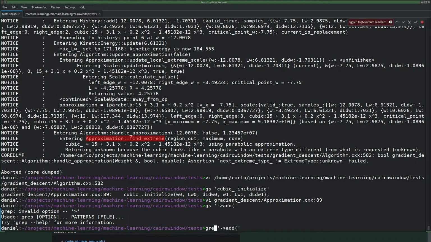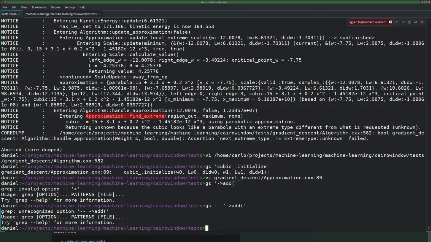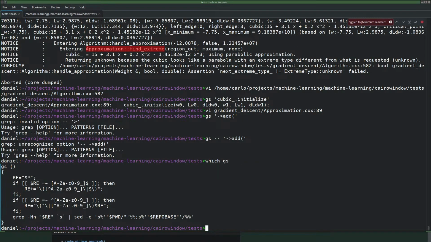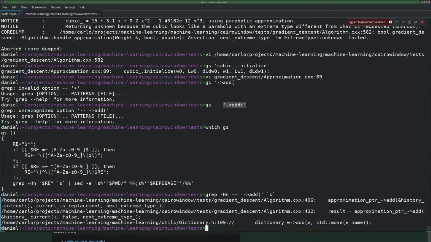Actually, I think I support this. I don't. HTS. Totally not supporting that. Well, I have an approximation add here.